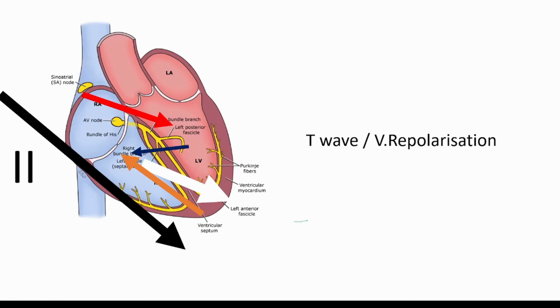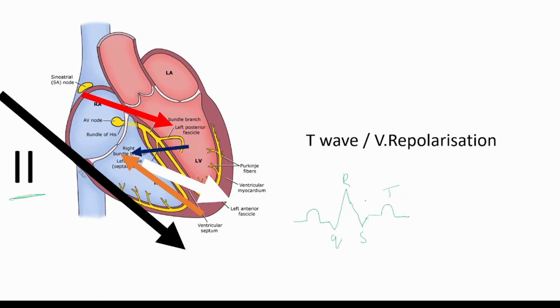Now let's recap. We had a positive deflection in the P wave, a negative deflection in our Q wave, a strong positive in our R wave, negative in our S wave, and now we have the T wave, which is a positive deflection in perspective to lead 2.